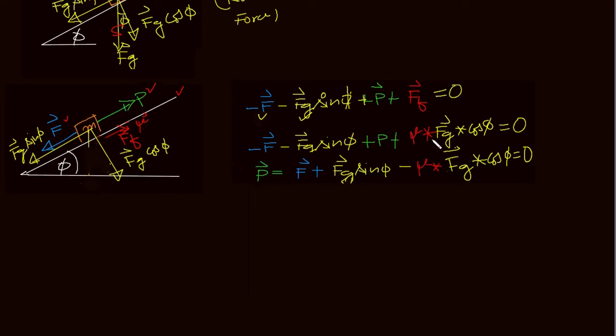So again, writing it, force of friction is mu Fg cos phi, because the principle of force of friction is that force of friction is mu multiplied with N, which is the normal force, and the normal force in this case is Fg cos phi.